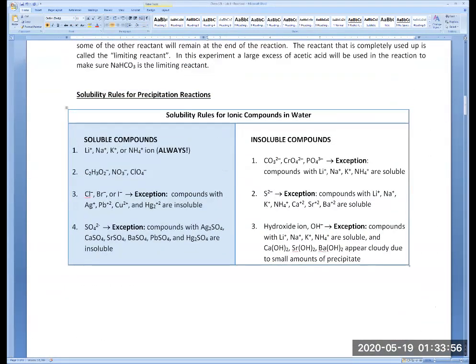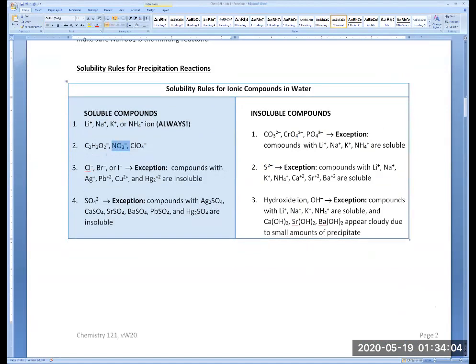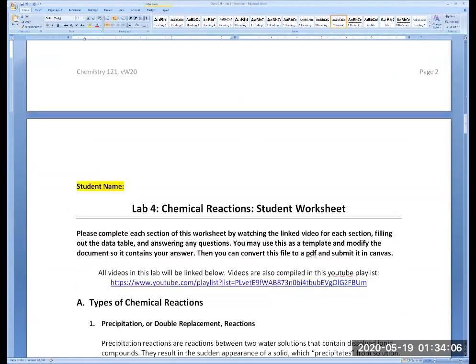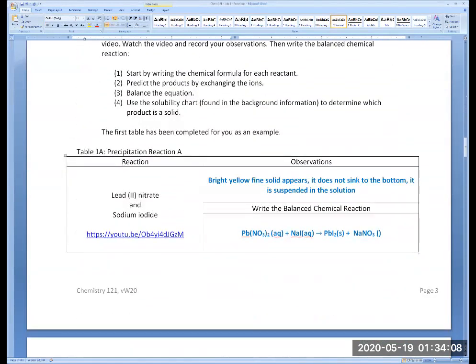And this one is easy. Na is always soluble and NO3 is always soluble. So both of them are always making soluble compounds. And so when it's soluble, we say it's aqueous, aq, right? So NaNO3 is aqueous. So now we have our product formulas.